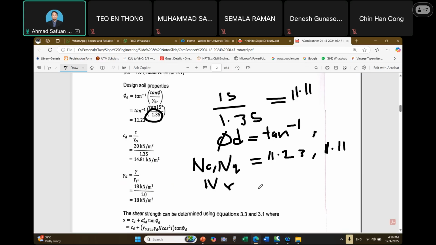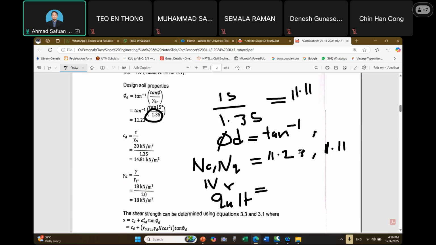So there will be a second error, because we may use different values of NC, NQ, and N gamma. Then a third error when we calculate the Q ultimate.